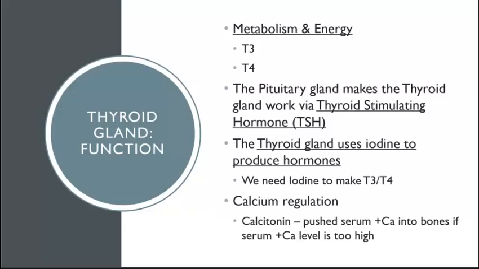We need to have iodine in our diet to make T3, T4. So how do we get iodine in our diet? Iodized salt. Yes, we all say we need to monitor our salt intake. That is very true. But we do need to have iodized salt so that we can make T3, T4. So the pituitary gland makes the thyroid gland work via the stimulating hormone, which then stimulates the thyroid gland to release T3, T4, and we need to have iodine in our diet to make those hormones.